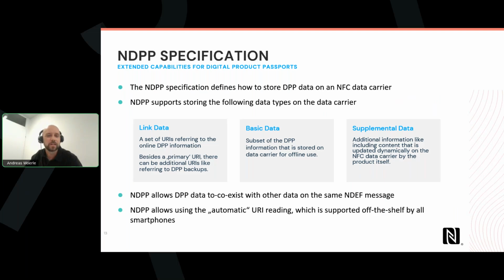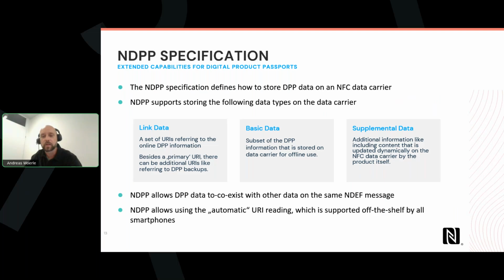They have defined digital product class data types like link data, which hosts some online information, basic data, which is ready to store offline data, and supplemental data, which is additional information, be it static or even dynamic during lifetime of a product. These specific data types, which are defined, have to be stored on NFC data carriers like tags, and this is the goal of this exercise.